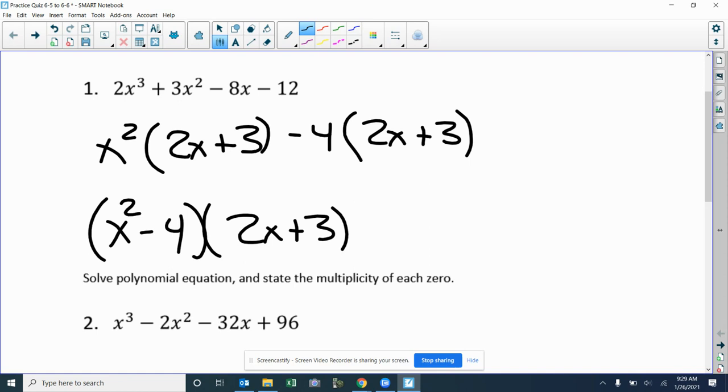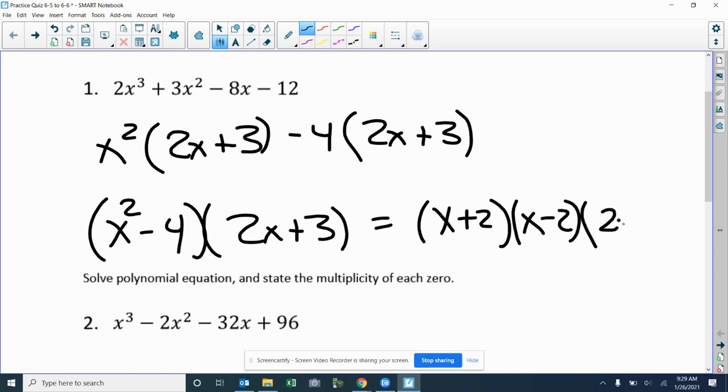Difference of perfect squares. X plus 2 and x minus 2 and 2x plus 3. I guess we just have to put up with that thing messing up this period.